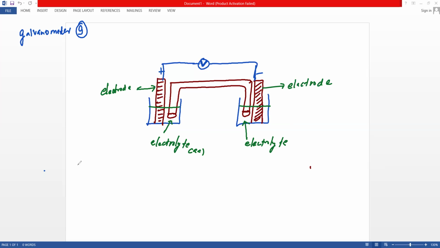It is an inverted U-shaped tube that separates the two half cells.